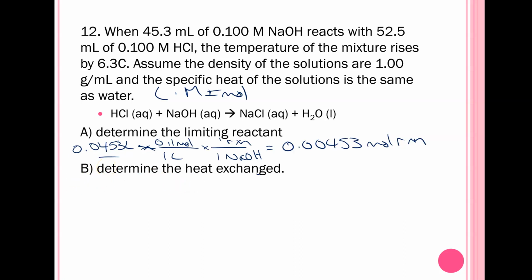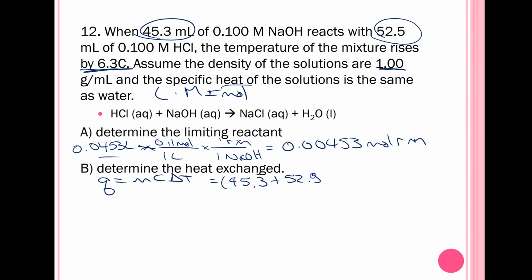So to find the heat exchanged, we're talking about temperature change. Q equals mc delta T. Temperature change is 6.3. The density of the solutions is 1, and the specific heat is water. So to find the mass, all I have to do is take this and add them together. And that will be grams because the density is 1. And the specific heat is 4.18.